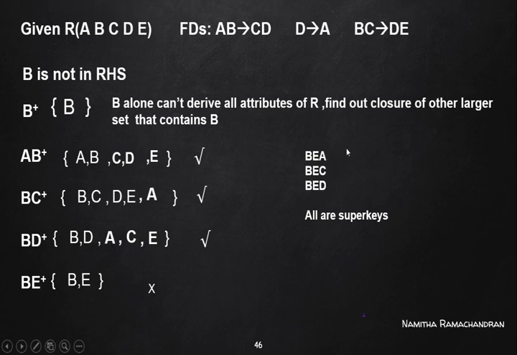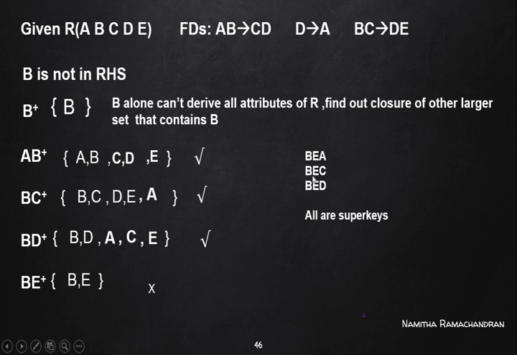In the set BEA, here we have attributes A and B. We have already derived that AB alone can derive all the attribute values. That means AB is a candidate key. So while removing this E, AB alone can derive all the attribute values. So the set ABE, A is a super key only. It's not a candidate key.